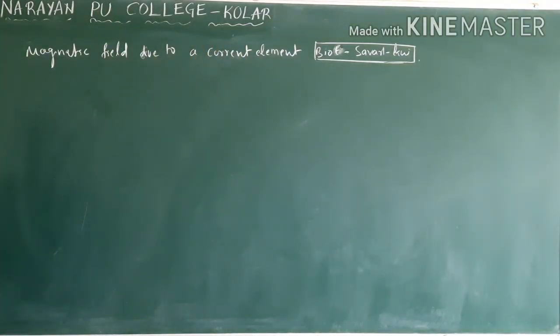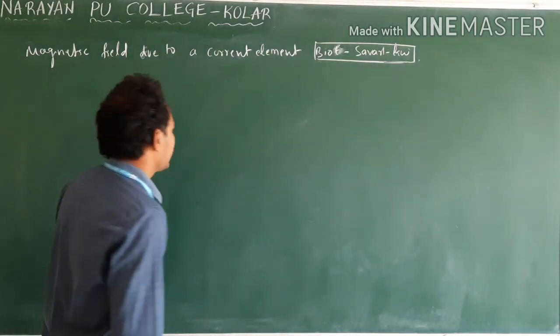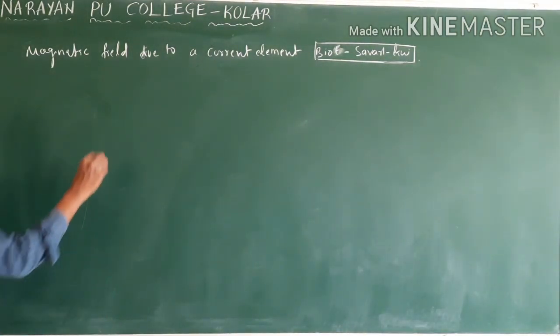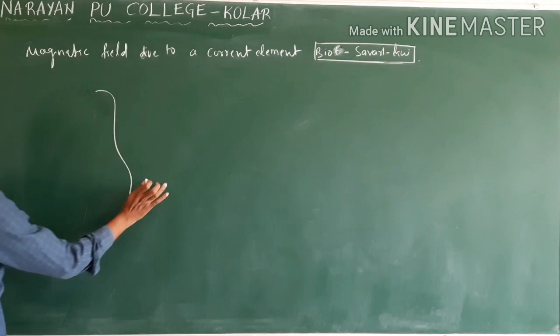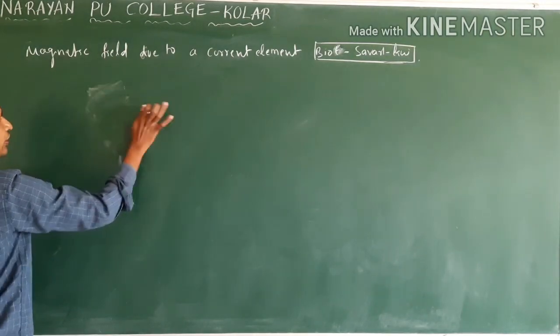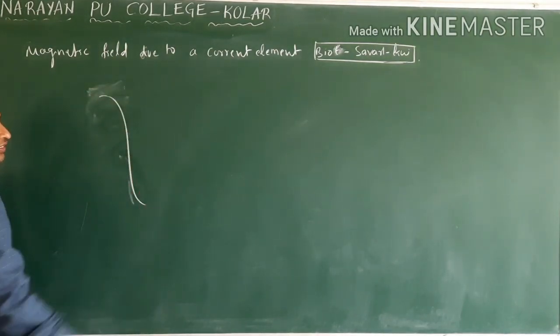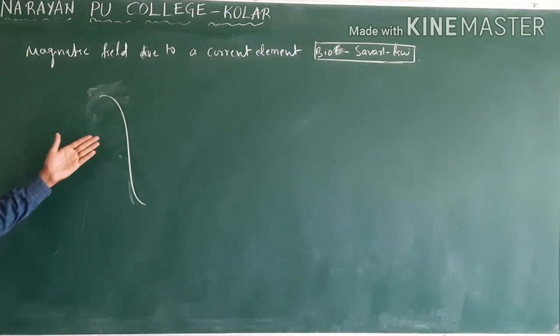Now suppose we have a current carrying conductor of arbitrary shape, like this. I selected this shape because the textbook gives the same figure.